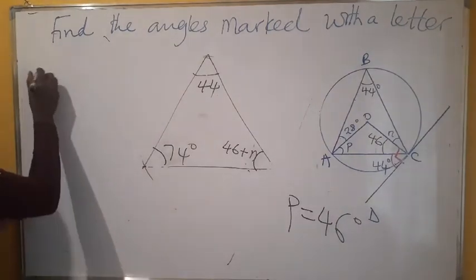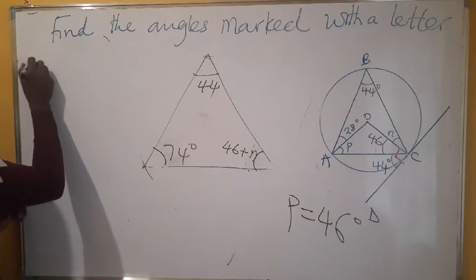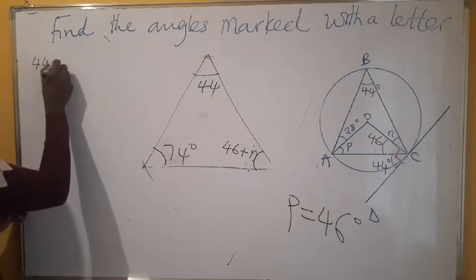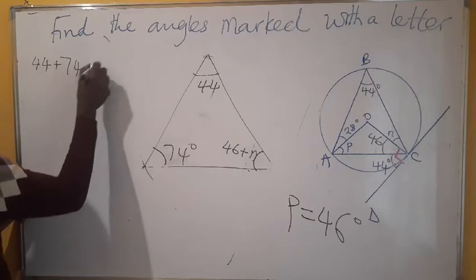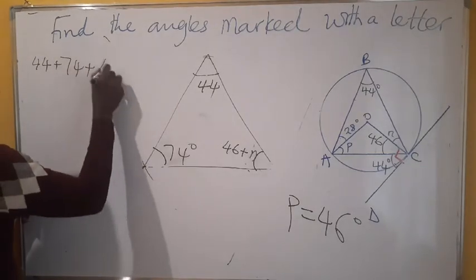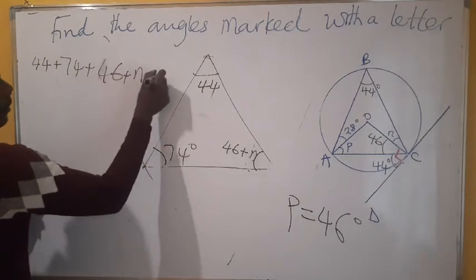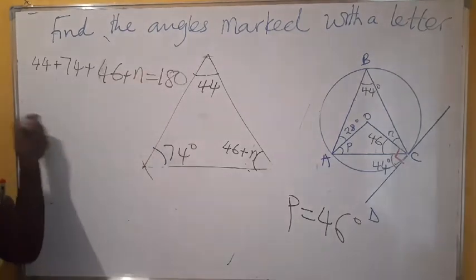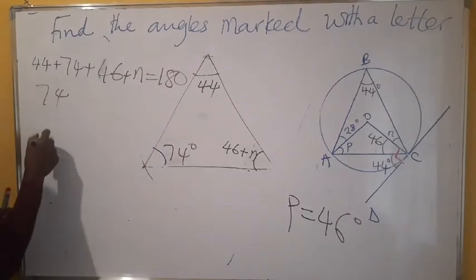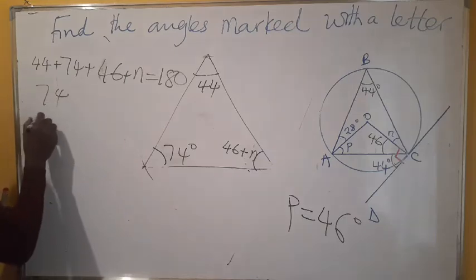We are going to say 44 degrees plus 74 degrees plus 46 degrees plus N, we must get 180. So we add these ones.